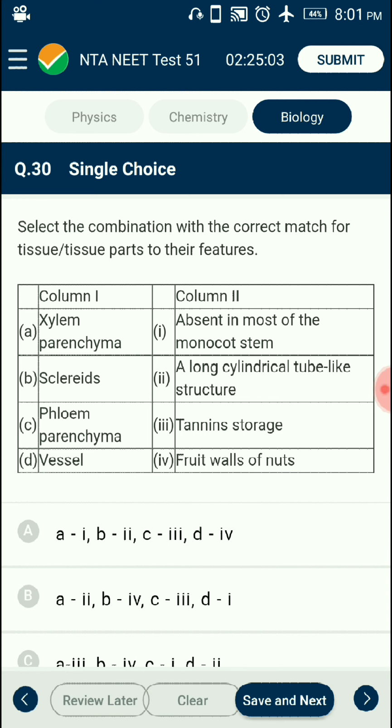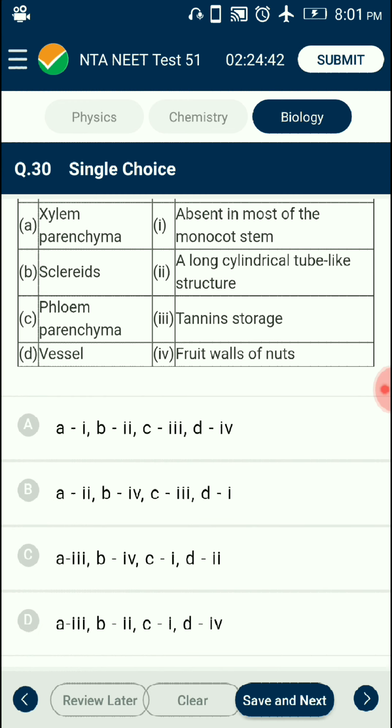Phloem parenchyma is made up of elongated tapering cylindrical cells which help with storage of food and other things. These are found to be absent in most of the monocots. Xylem vessels are another part of the xylem which are made up of dead lignified cells. They appear as cylindrical, long tube-like structures. So the correctly matching option is option C.